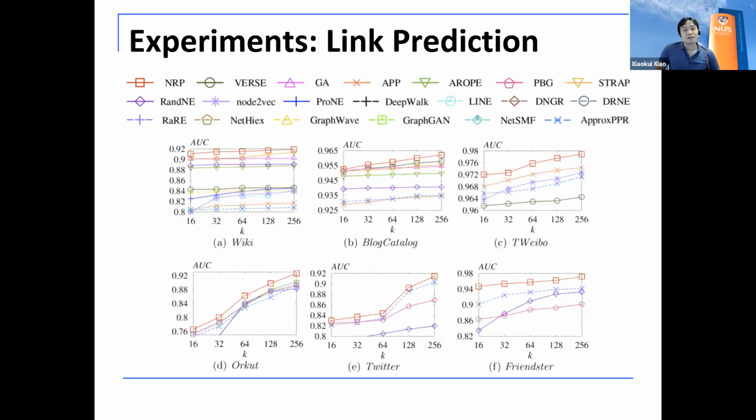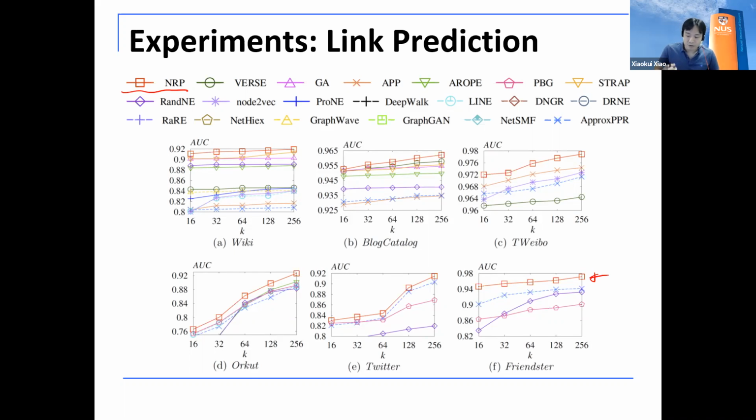So these are the experiments that we have on our data sets. There are a lot of lines here, but one thing that you can observe is that this approach with red lines and squares consistently achieves the best performance, regardless of the dataset used or the dimensionality of the embedding. And that is NRP, which is our method with the rescaling optimization on each node.